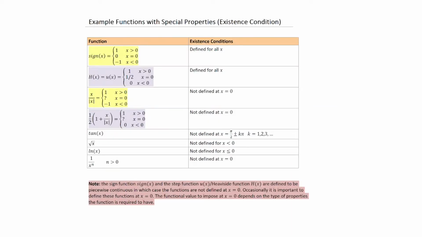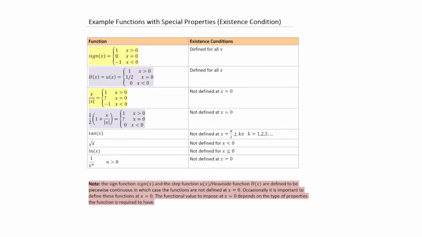In this slide, we give example functions with special properties, specifically properties regarding the existence condition. I've highlighted two in particular, and we'll look at each one in turn. The sign function basically toggles between -1 and 1 at x equals 0.